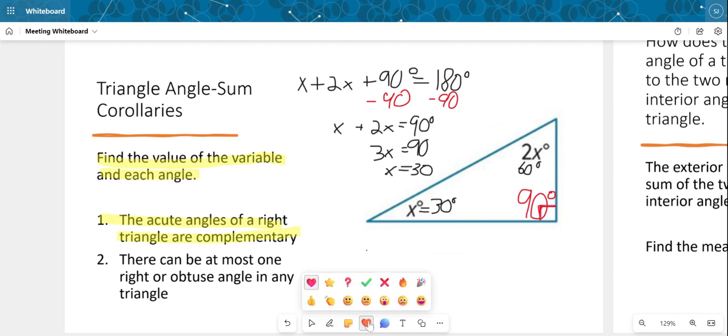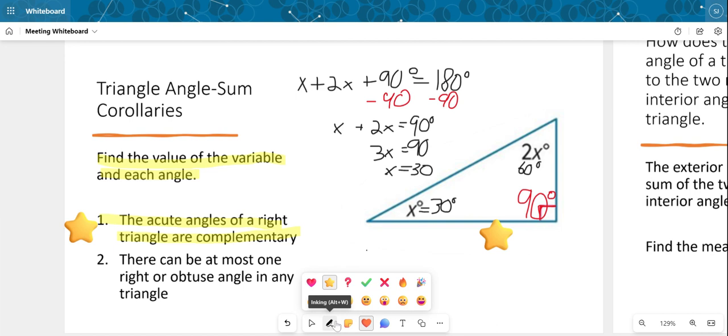This triangle is a special triangle. You'll see it throughout the year. This is a 30, 60, 90 triangle. It's a very important triangle for us. You'll see it constantly throughout the year. It is so important that they've placed it on a reference sheet.